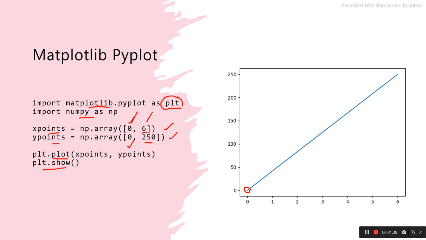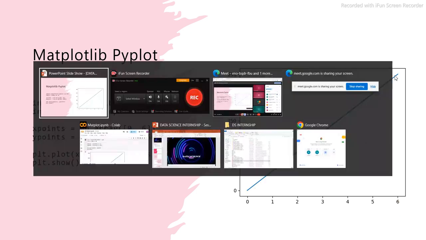So as you can see, this is 6, and this is your 250. So this is my point 6 comma 250. After plotting these two points, they are connected by a straight line. That's why you are getting a graph like this, a line graph.